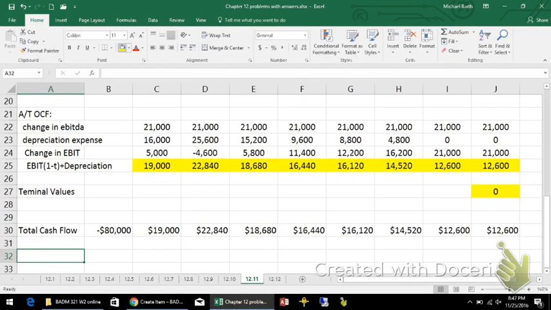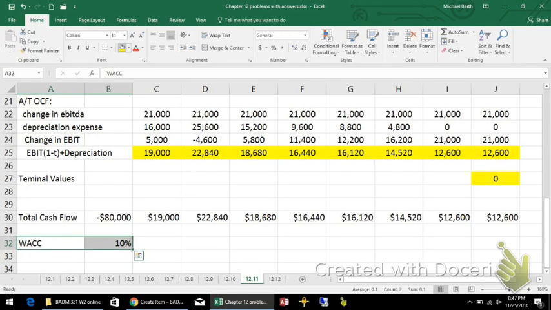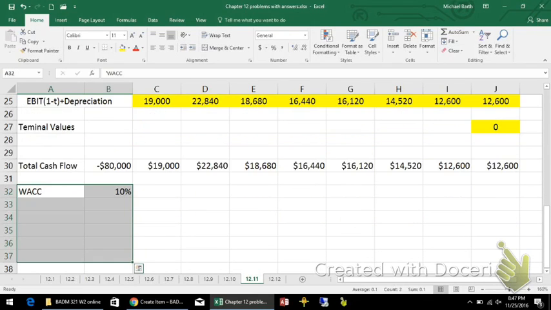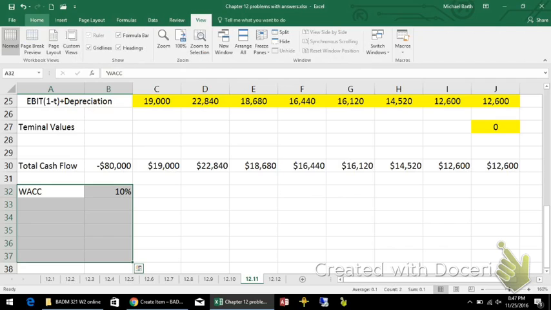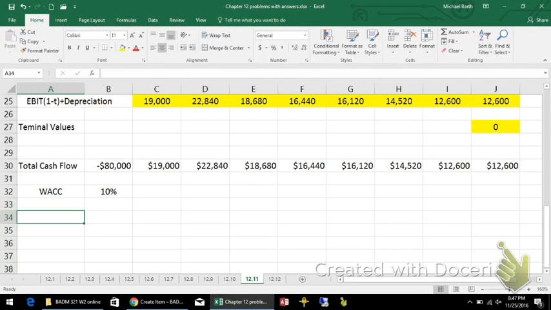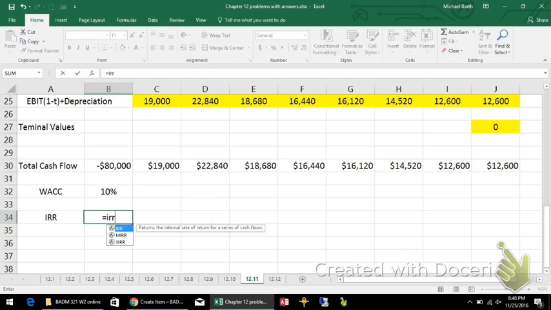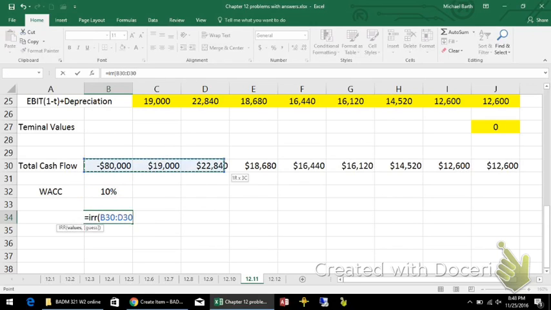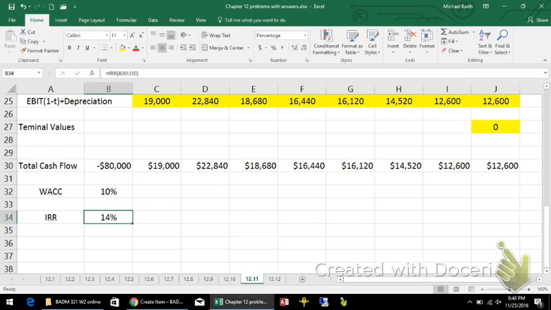All right, we're given a weighted average cost of capital, and I believe they're using 10%. So if I calculate the IRR for my project here, it's going to be earning 14 and change and only costing 10.